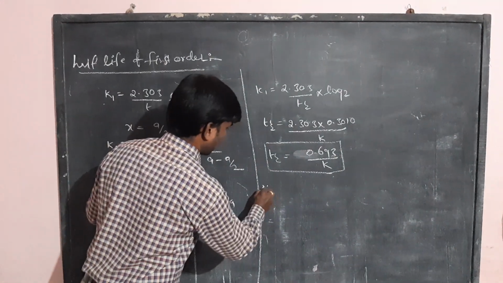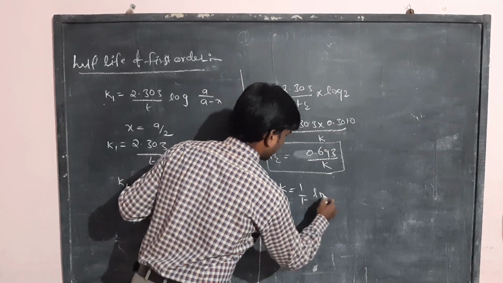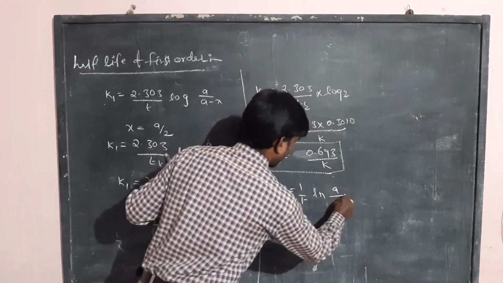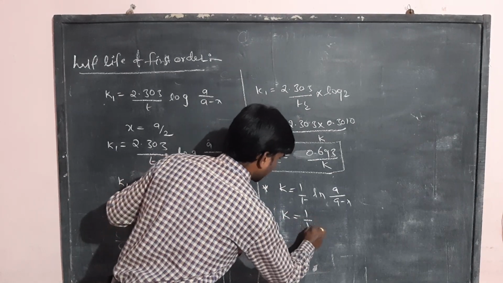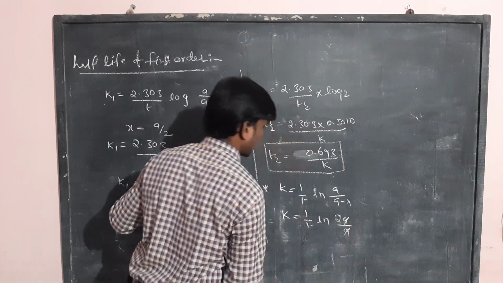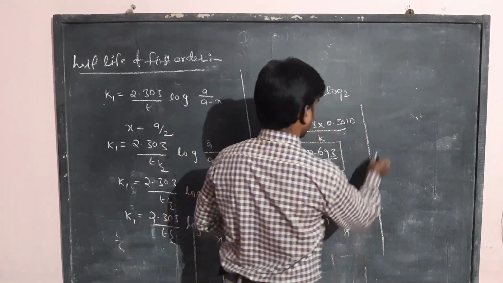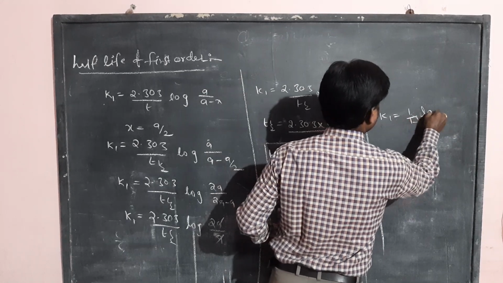Taking one more equation, k is equal to 1 by t into ln a by a minus x. Then k is equal to 1 by t into ln 2a by a will come here, a gets cancelled. So k1 is equal to 1 by t into ln 2 will come.